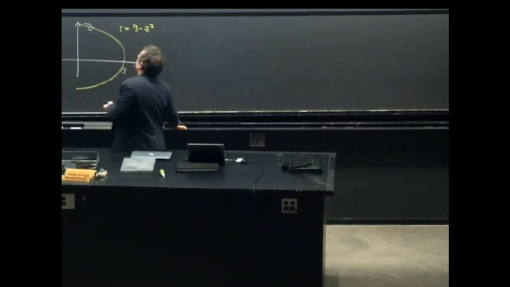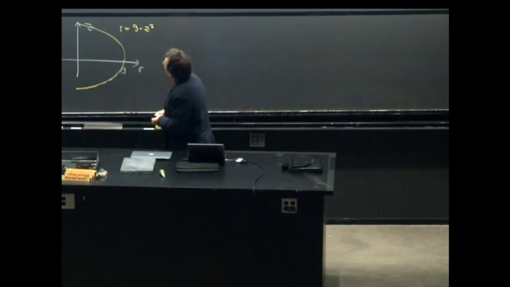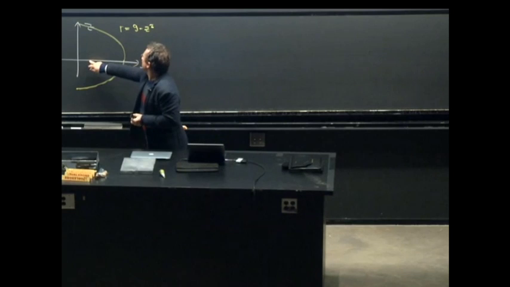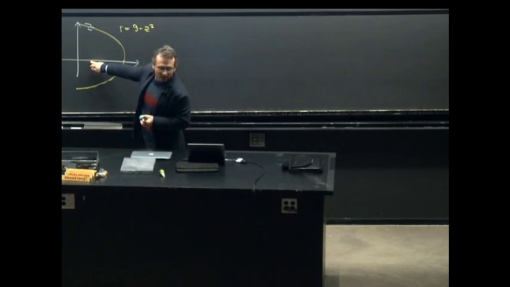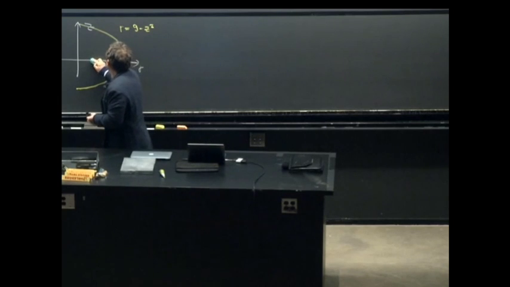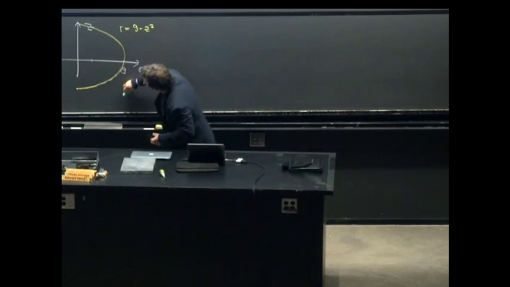Let me just look at that here. 1 plus z squared, where does this intersect the r-axis? If z is equal to 0, we get 1, and then we have a parabola which goes like that.